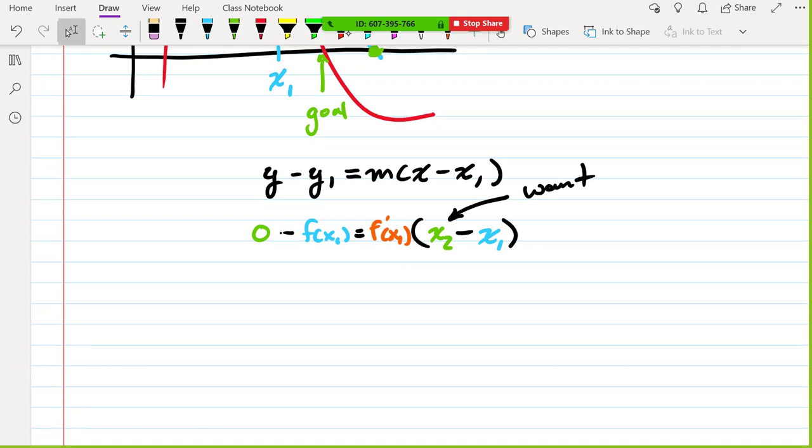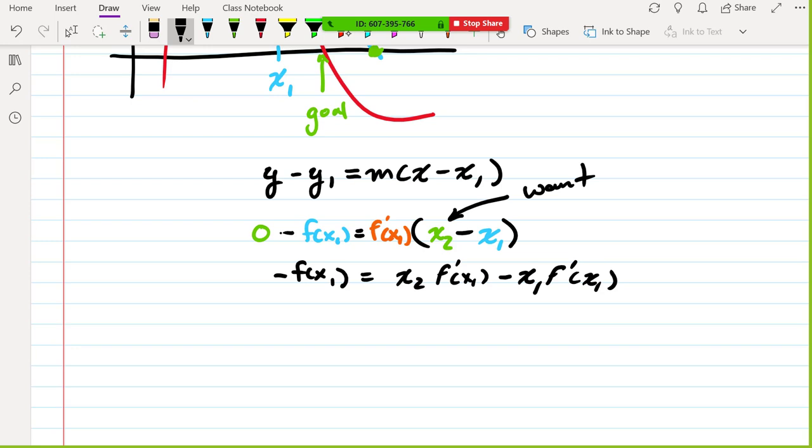So to solve that equation for x2, we're going to distribute our f prime of x1 into our parentheses. So we get x2 times f prime of x1 minus x1 times f prime of x1.